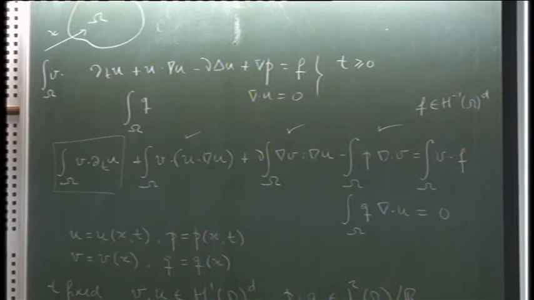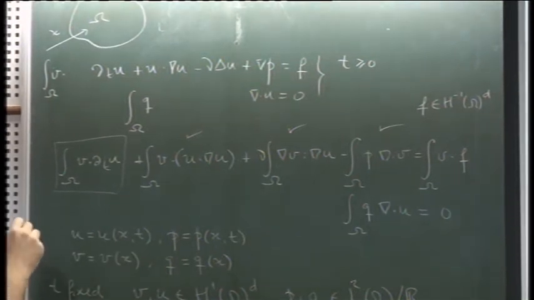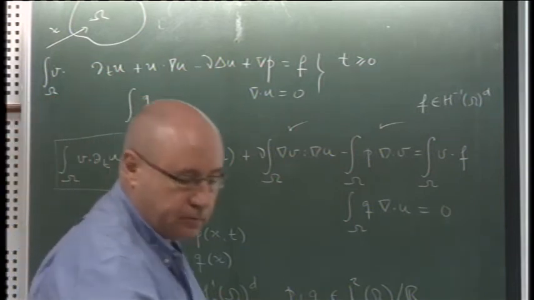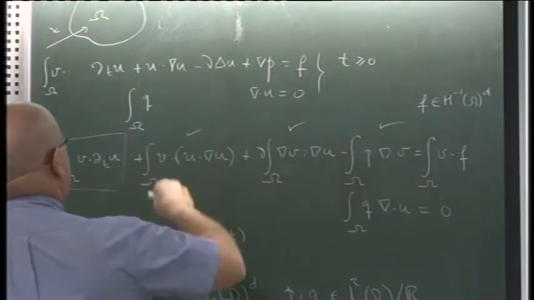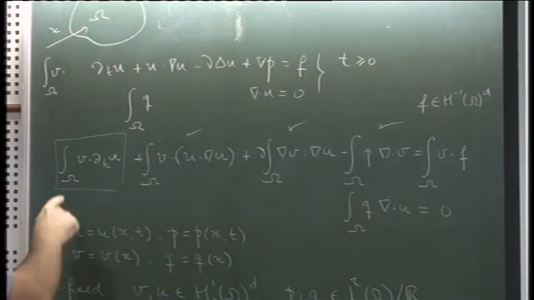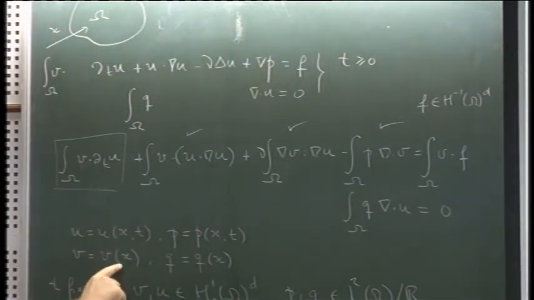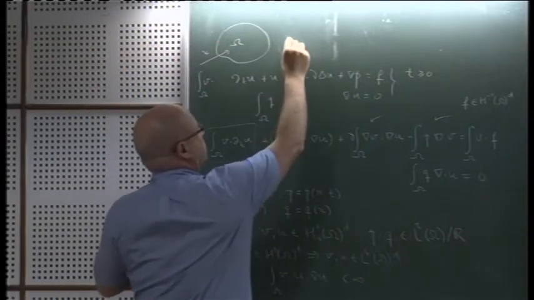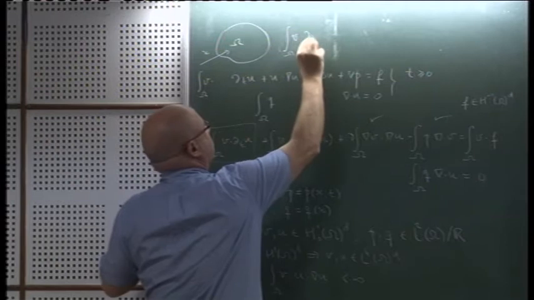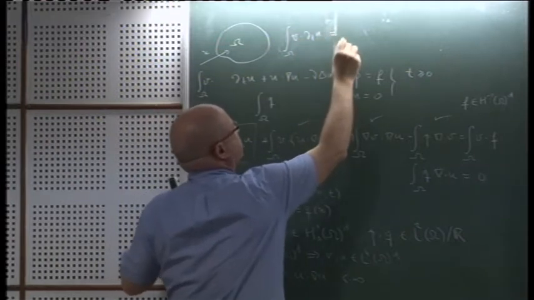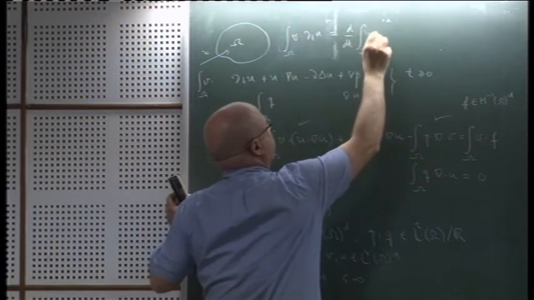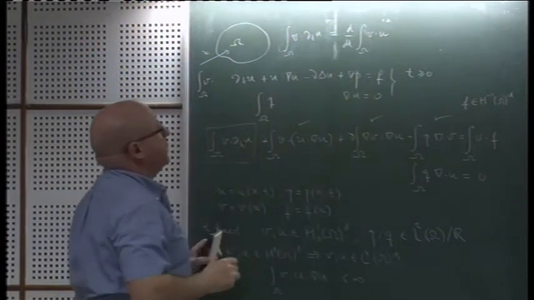Well, this term is easy, because if omega is constant, so the time domain doesn't change, and since V does not depend on time, this term is simply the integral over omega of B dot time derivative of U, which is the derivative of the integral over omega of B dot U, okay?